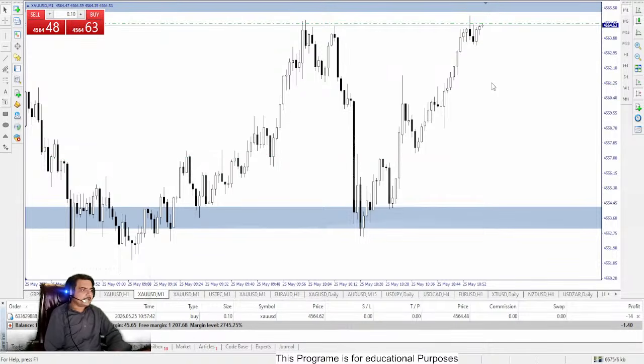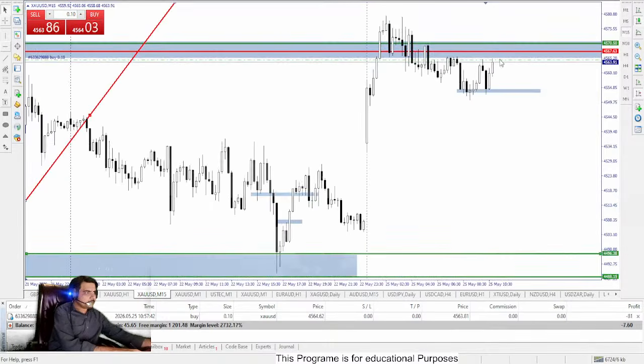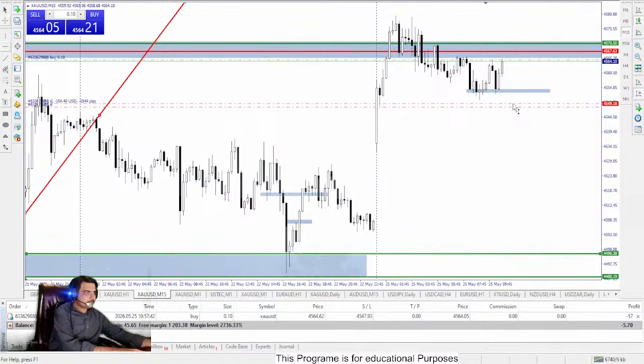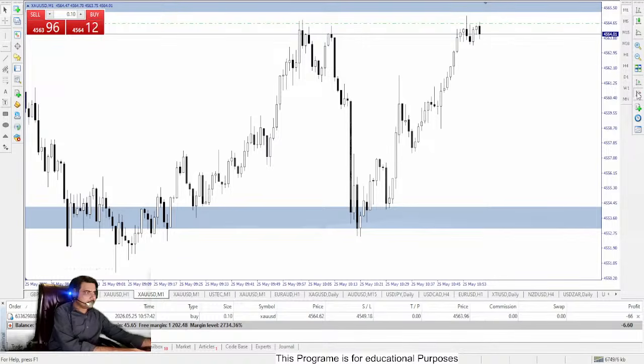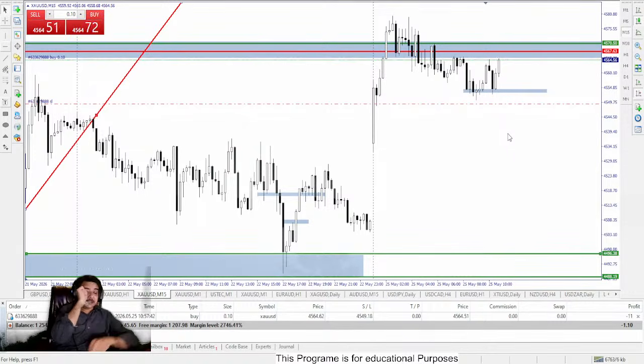Let it hit the buy, then we see. Fine. So let's see, this is my trade. I will keep updating you about this particular trade.